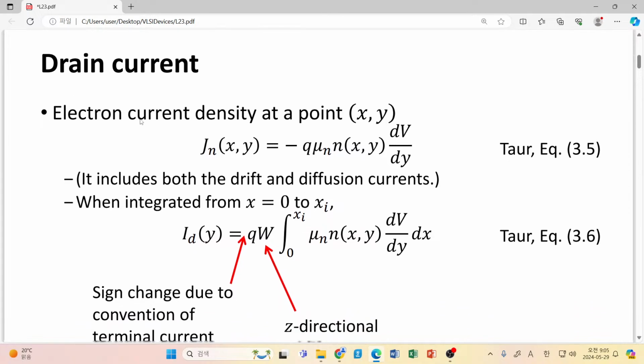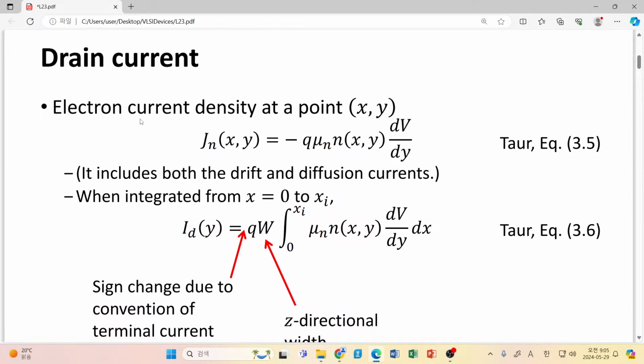So I wanted to start from the last part of our previous lecture slide. In lecture 22, we introduced the schematic. The vertical direction was defined as the x-axis, our channel direction was defined as the y-axis, and the unimportant width direction was called the z direction.